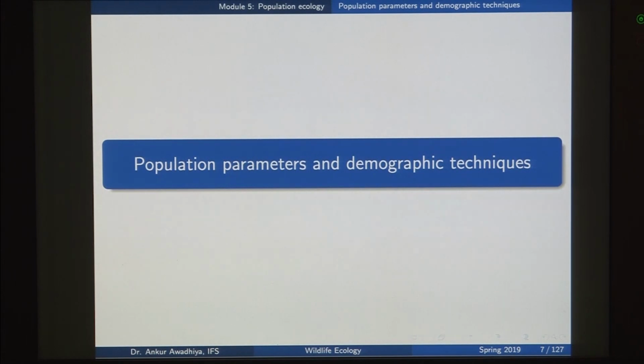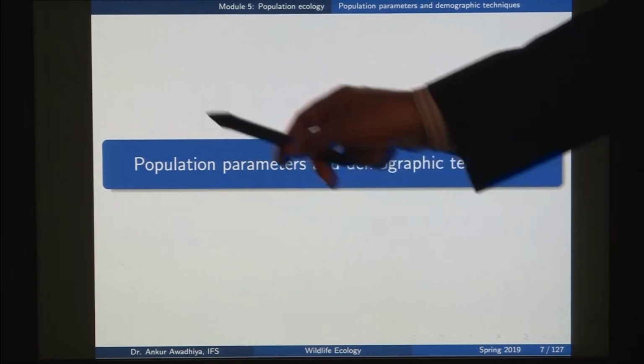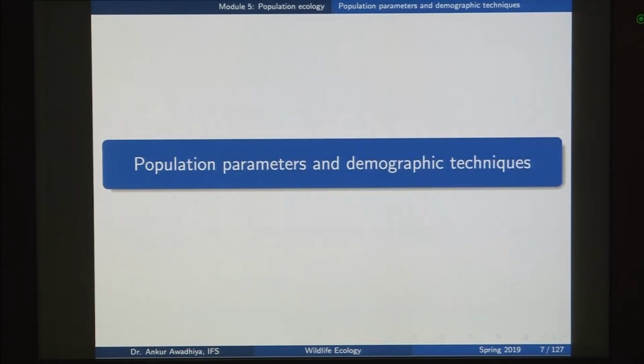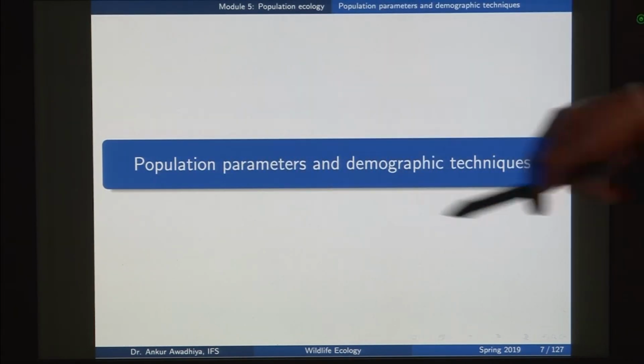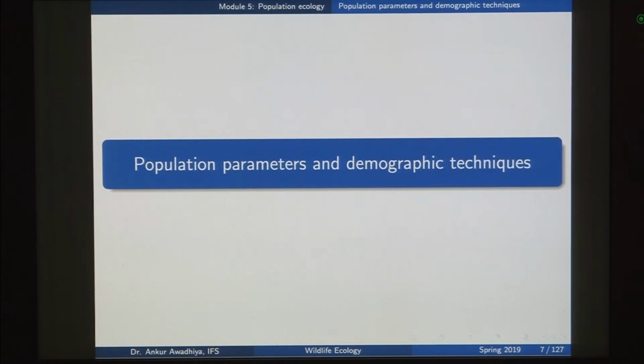So, here we want to understand what are the parameters through which we can describe a population, and then how do we measure those parameters, what are the demographic techniques that we have. Now, demography: demo means people, graphy means to write.